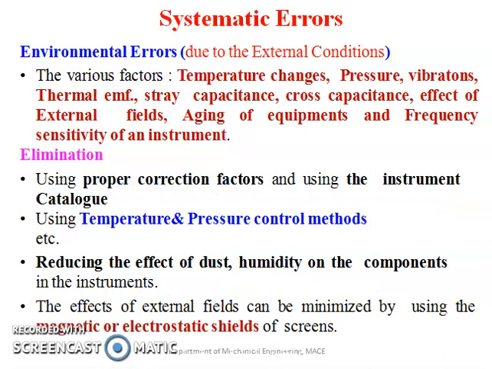The next category of systematic error is due to environmental errors. That means errors due to external conditions.